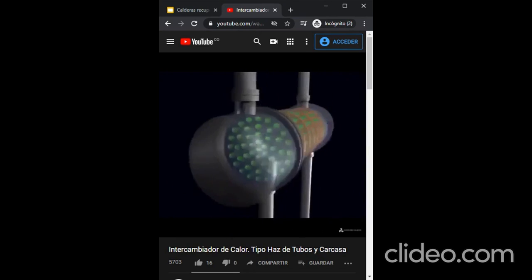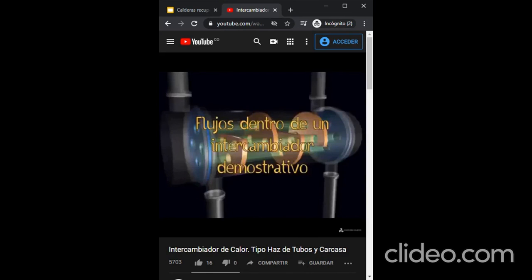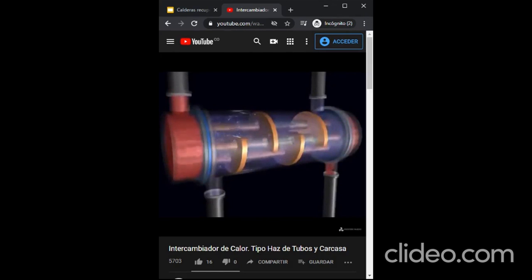Then the system is covered by a shell and the system is completely sealed. The fluids then pass through the system in counter current, transferring energy from the warmer to the cooler fluid, as shown in the video.